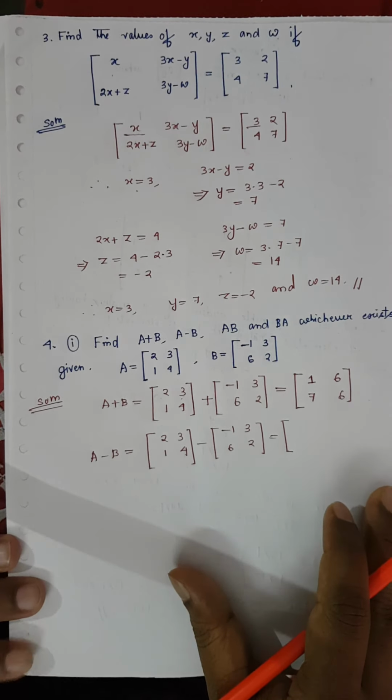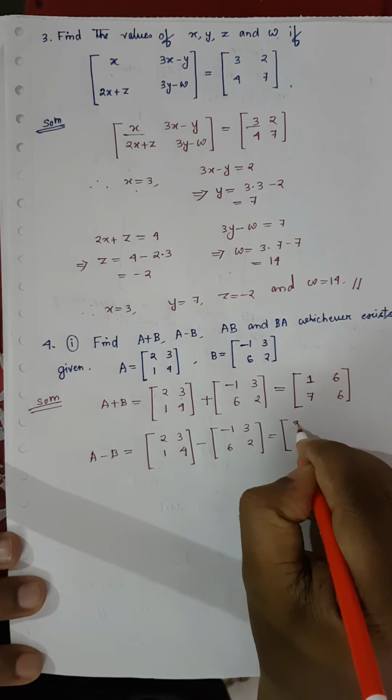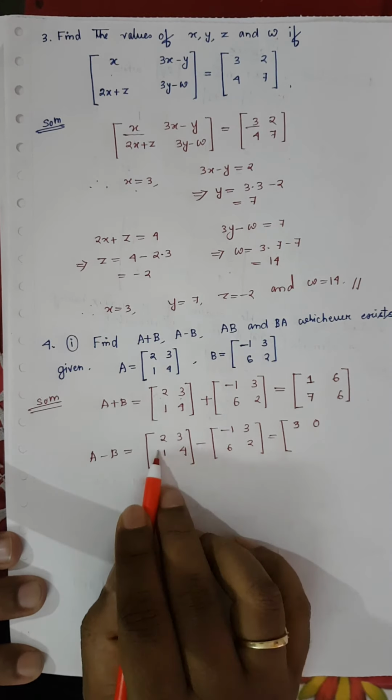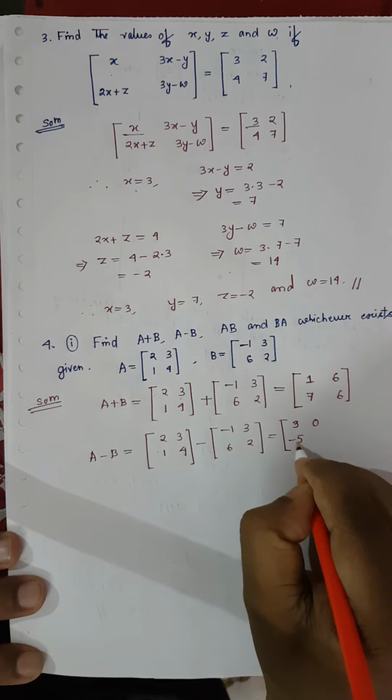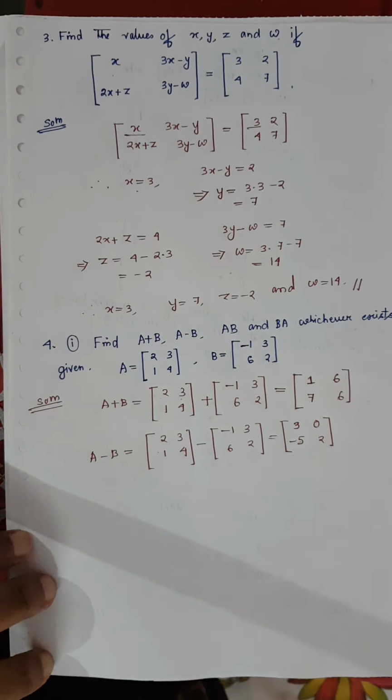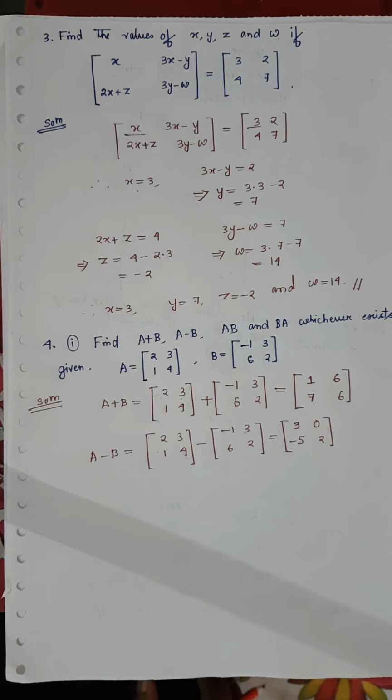If I subtract minus 1 from 2, you get 3. Similarly, subtract 3 from 3, it is 0. 1 minus 6, it is minus 5, and 4 minus 2, it is 2. So when I subtract two matrices, it takes place among the corresponding elements. So here A plus B and A minus B both exist.